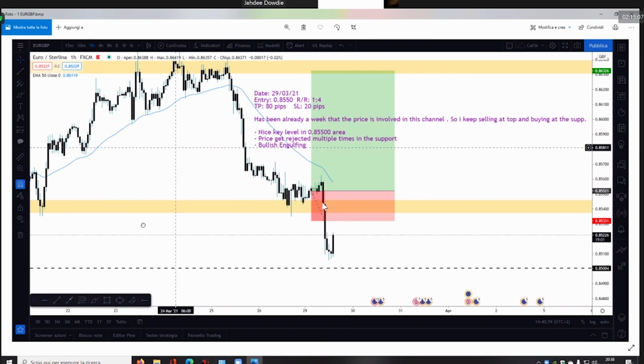As you can see, take 80, lose 20, 1 to 4. So with this one, I think I'm more or less already okay. There is always a chance to improve risk reward, with a little bit tighter stop loss, etc. But overall, even with pending orders, I think I'm fine.